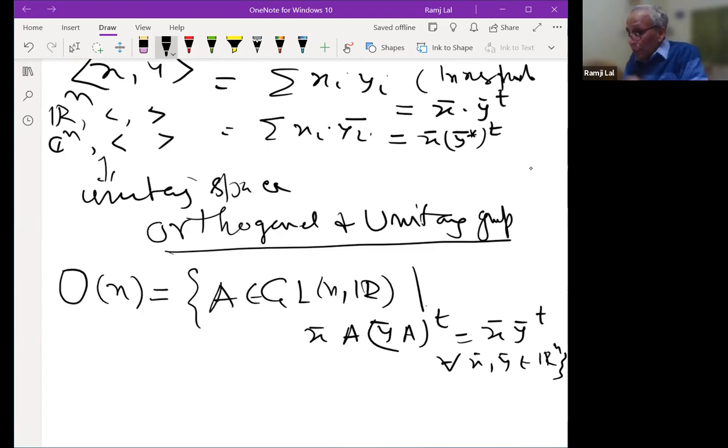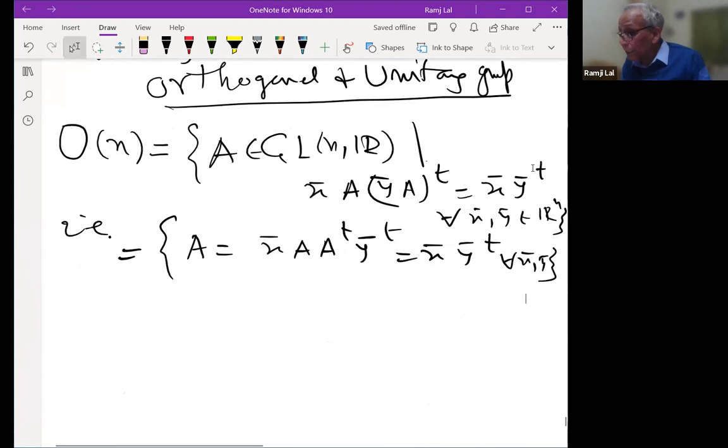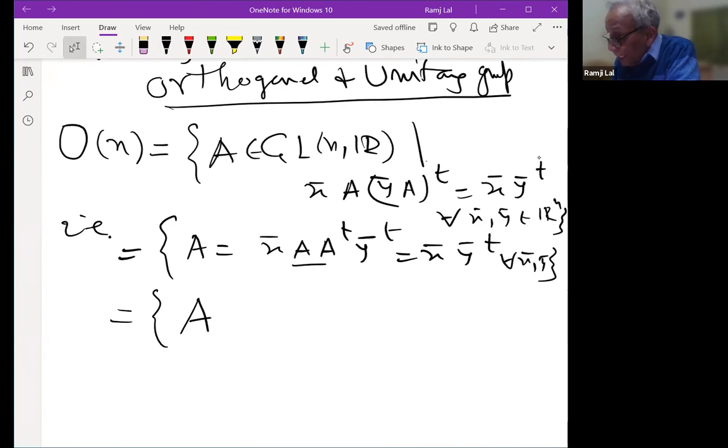So O(n) is the set of matrices A such that x bar A transpose y bar transpose is equal to x bar y bar transpose, for every x bar, y bar. If it is true for every x bar, y bar, then I say that this is the identity matrix. This is for every y.